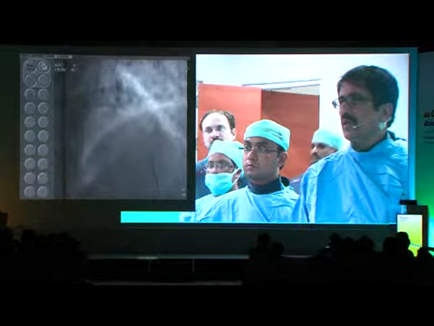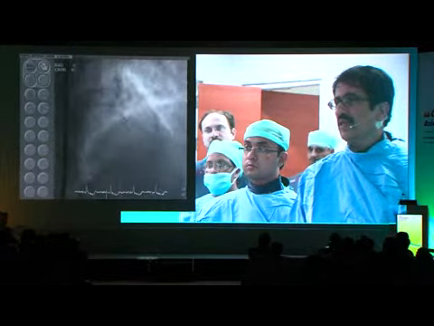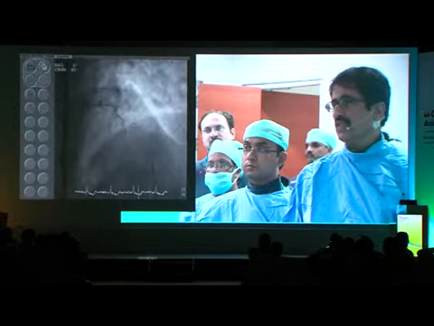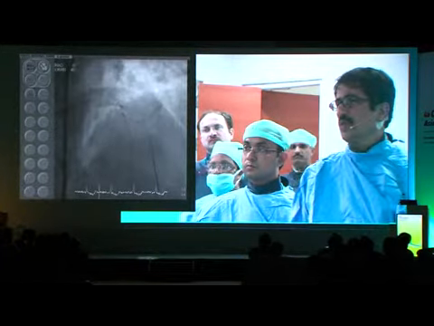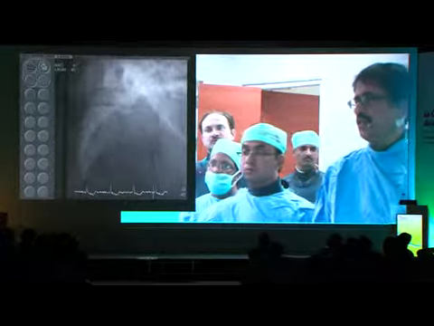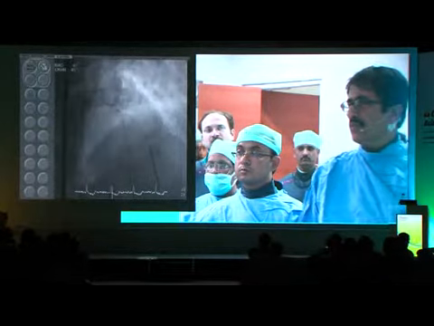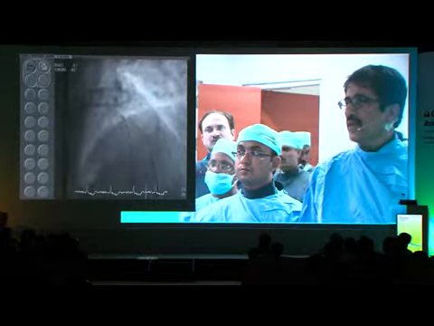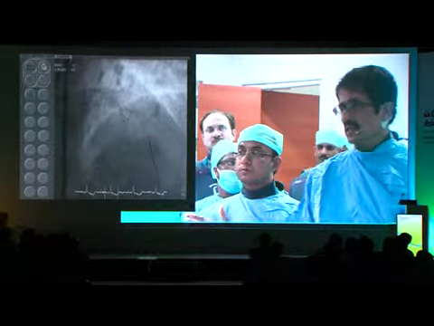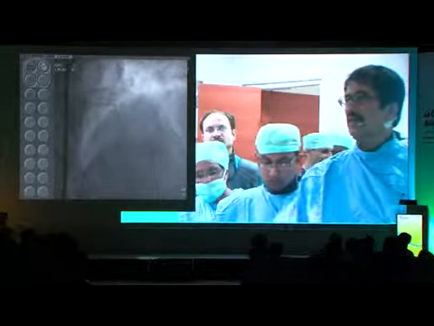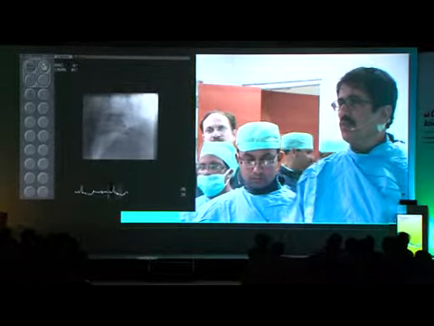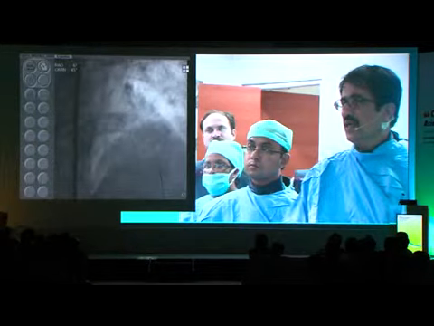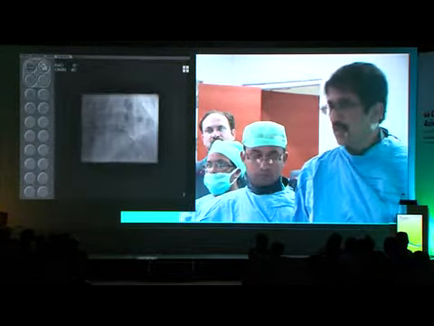And now you can see the side branch balloon has been brought into position. As I mentioned to you, the side branch balloon tapers in the common segment, and right now it is beyond the diagonal origin. So we inflate with 2 inflators simultaneously. And this is their final position right now.